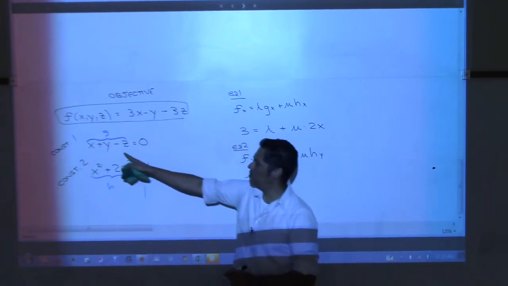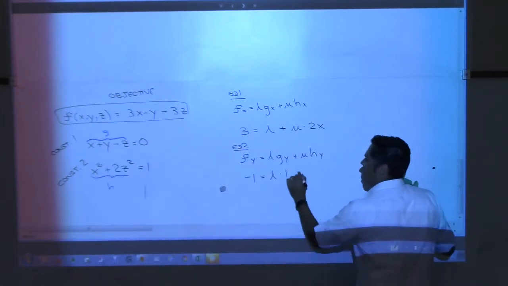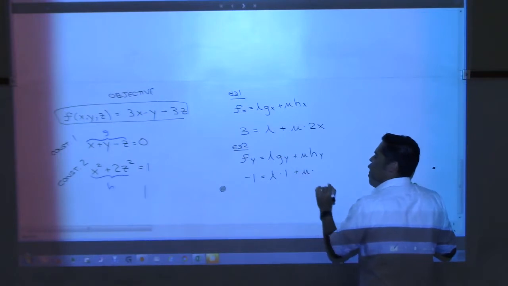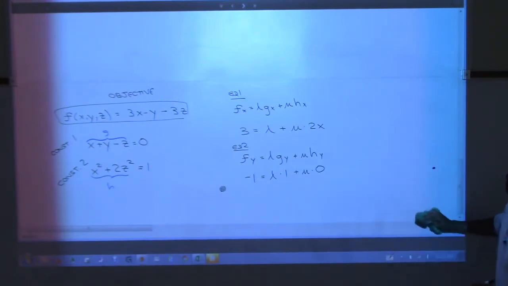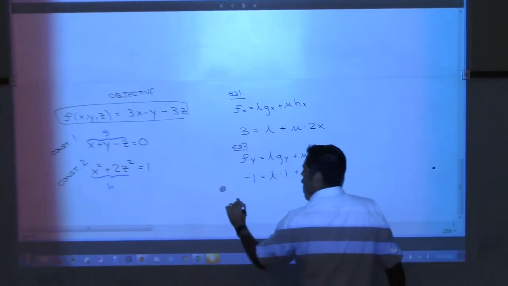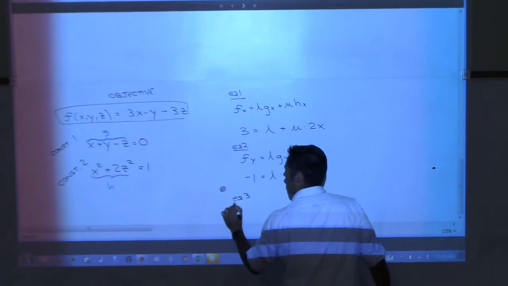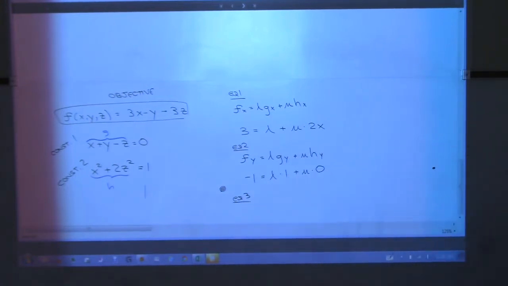So I'm taking the derivative of this with respect to y. And then plus mu times partial of h with respect to y, that's 0. Okay, so there's my second equation. Any questions? Third one.